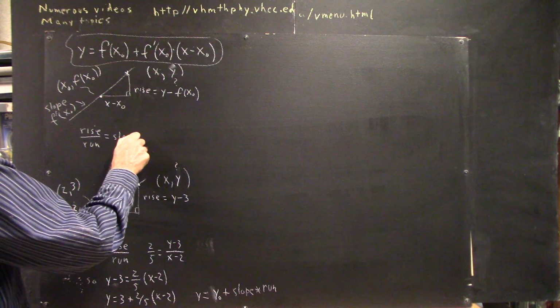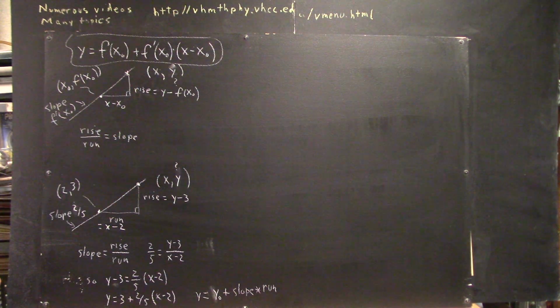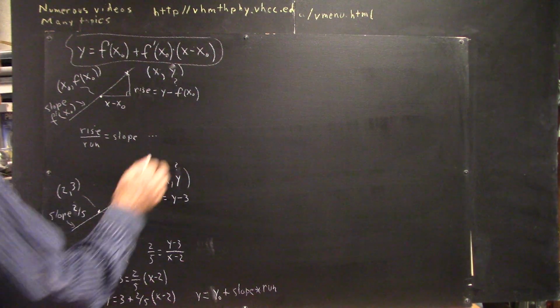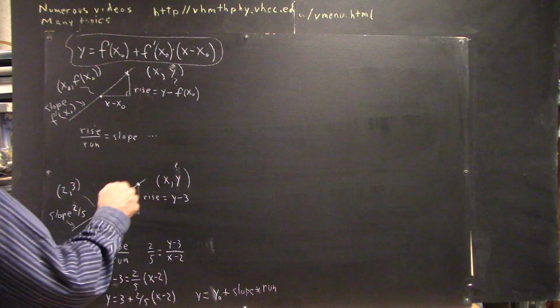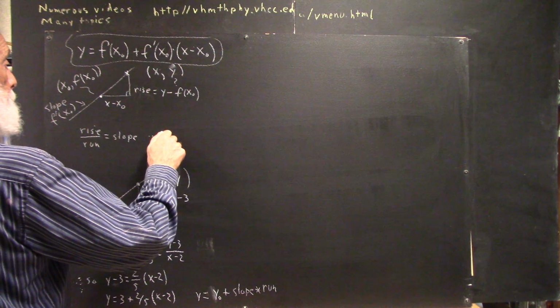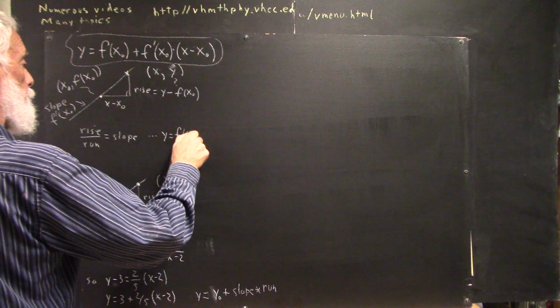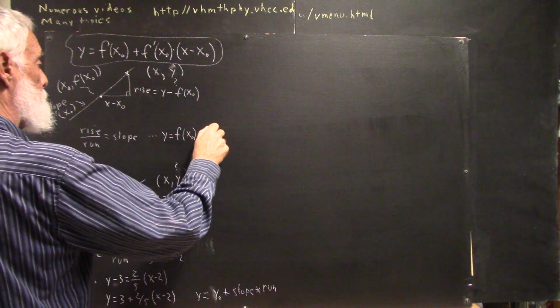Rise over run equals slope. We take that, do a little rearrangement, and we get this, which you've already seen.